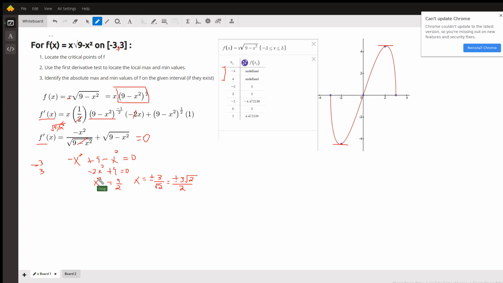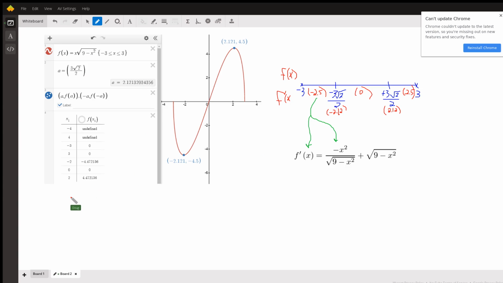Then combining similar terms, getting the x squared by itself, we get x equals plus or minus the square root of 9 over the square root of 2. But the square root of 9 is 3. Rationalizing the denominator, I get plus or minus 3 radical 2 over 2. Okay, so that's the x coordinate of the lowest points here.